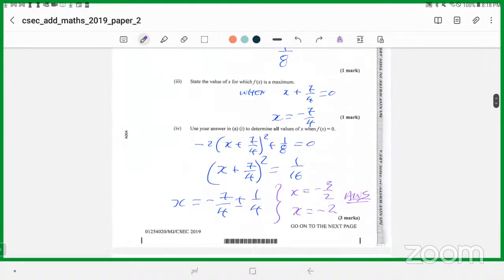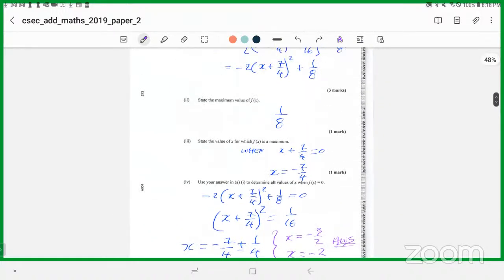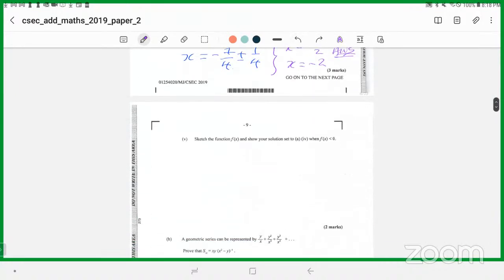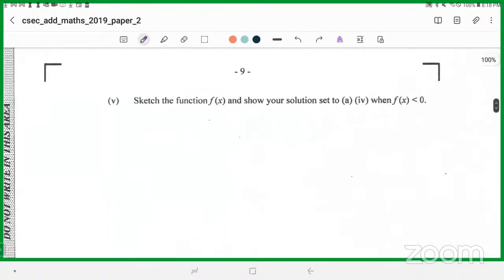All right, so they want us to do a sketch. We know that the maximum point is with this x value and this y value. Let's write it down. The maximum point is negative 7 over 4, 1 over 8.